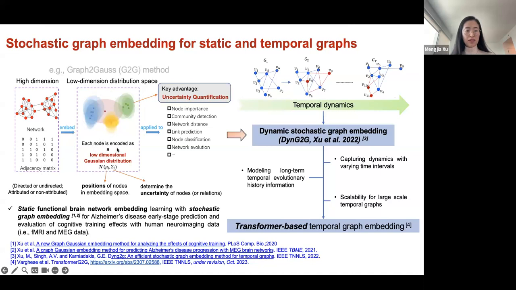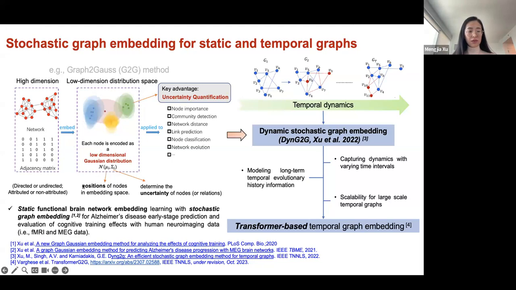So each graph node is encoded as a lower-dimensional Gaussian distribution, in terms of the mean vector and covariance matrix. The covariance matrix is a diagonal covariance matrix, and the diagonal elements are all the sigma values, as I showed in the previous slide.